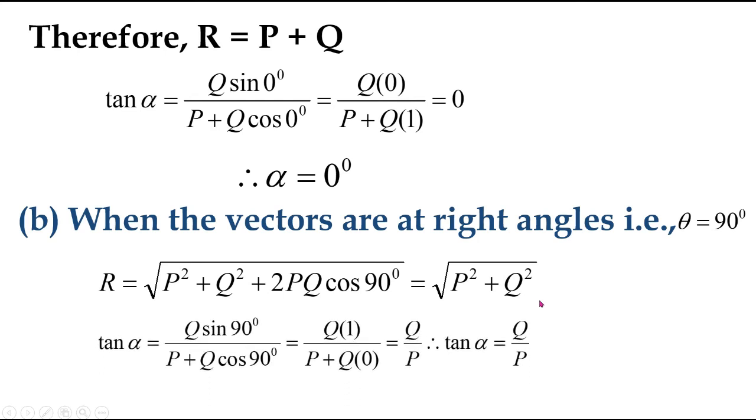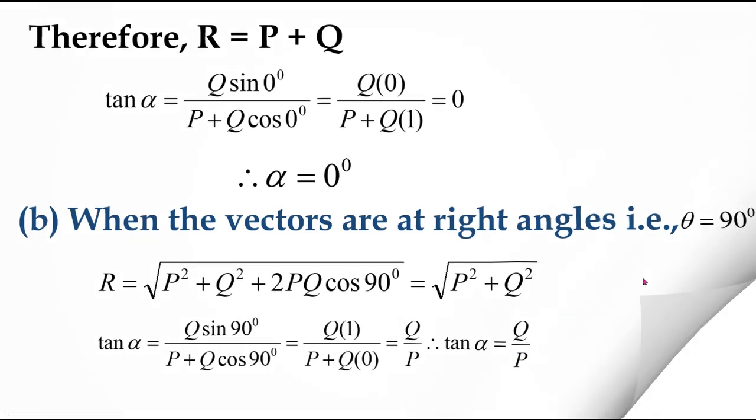For the direction, tan alpha is equal to Q sin theta by P plus Q cos theta. Theta means 90, so Q sin 90 degrees by P plus Q cos 90 degrees. Sin 90 value is 1, cos 90 is 0. So Q of 1 by P plus Q of 0, which is Q by P. Therefore tan alpha is equal to Q by P in this case.